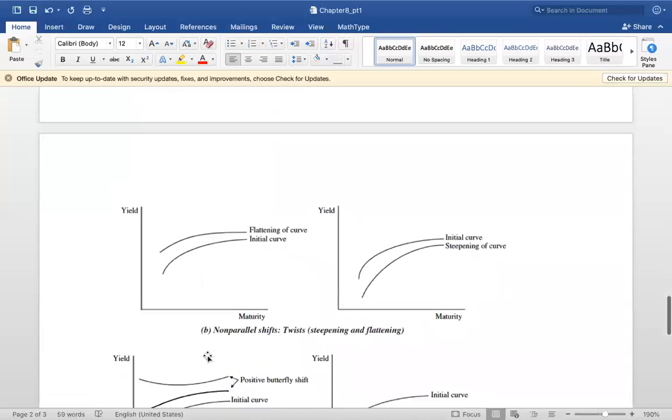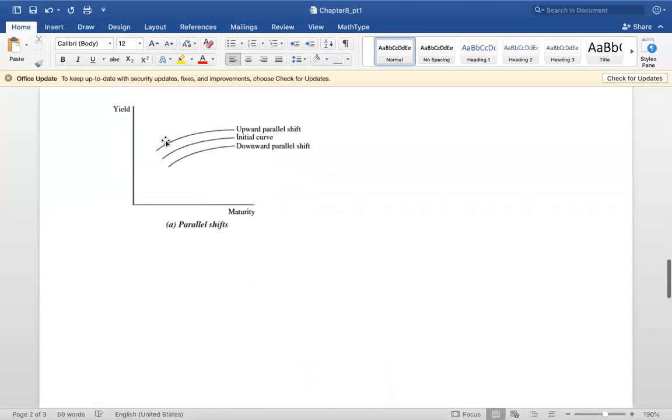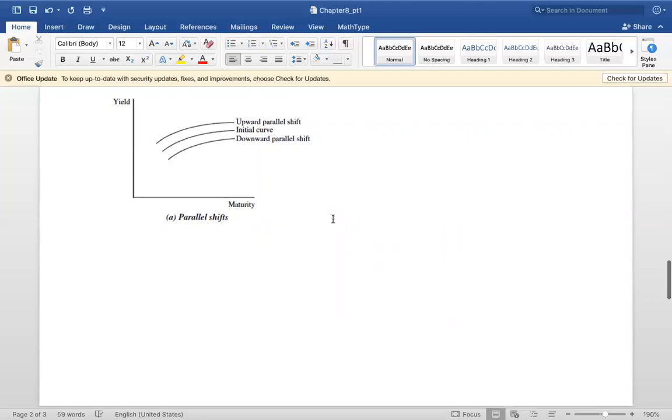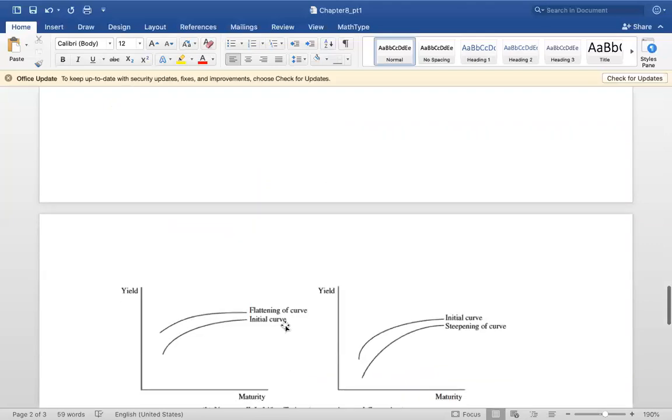Then we have the non-parallel shift, just like this. So yield is not changing by the same number of basis points along the curve. But here you can see yield is increasing or decreasing by the same basis points for each maturity. For the non-parallel shift, that's not true.